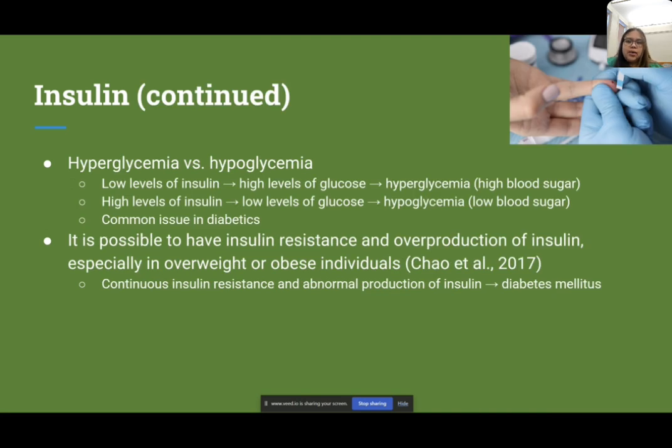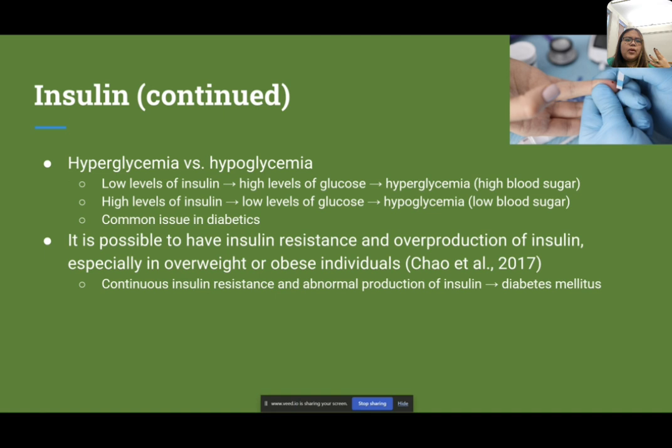Now, insulin is very impactful on the body because it can lead to various symptoms depending on the level of insulin that one has and blood glucose levels, as it's evident that they have an inverse relationship. You can experience hyperglycemia or hypoglycemia.